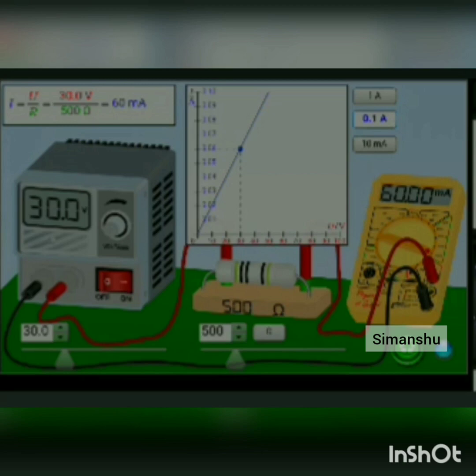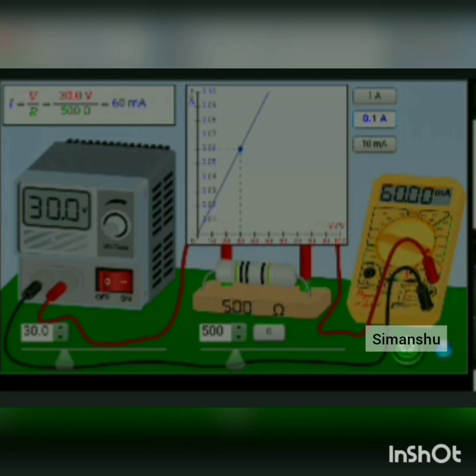So let me show you. On the left side at top you can see the ratio of V upon R, as we have constant resistance here. I took 500 ohm, so resistance is constant, the voltmeter is showing you 30 volt, and this ammeter is showing you 60 milliampere.